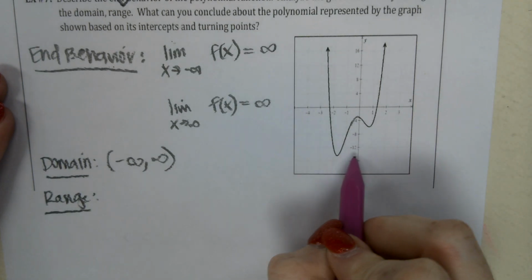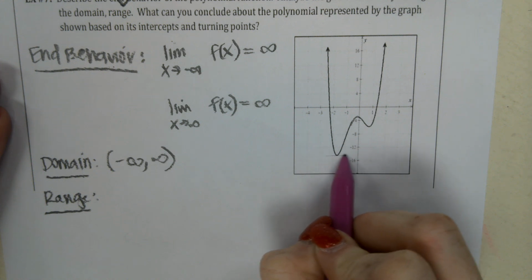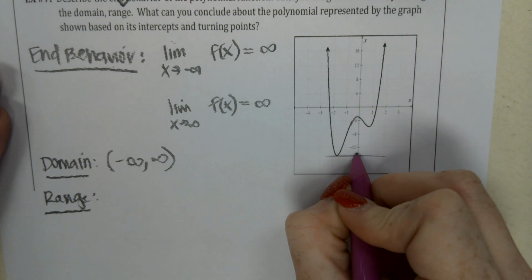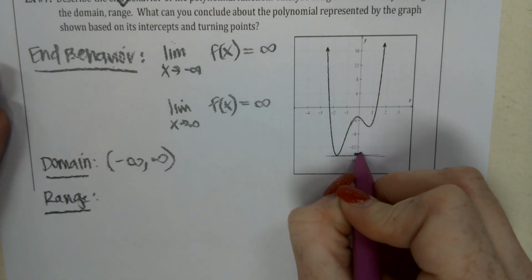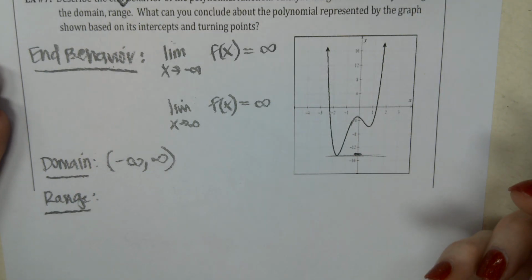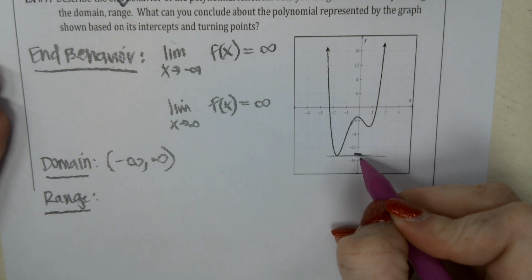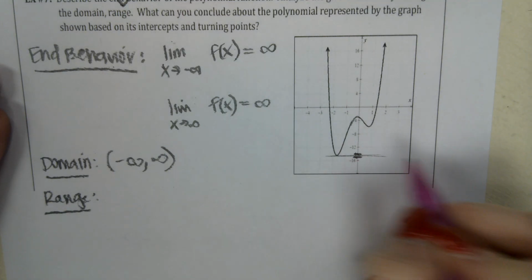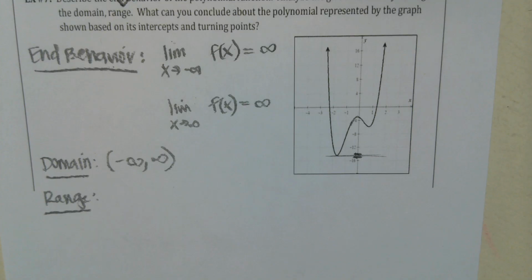In my range, when I do range, I read it from bottom to top. Now, halfway between -12 and -16 should be -14. And then halfway between -14 and -16 is -15. I'm kind of putting this in the middle of those.